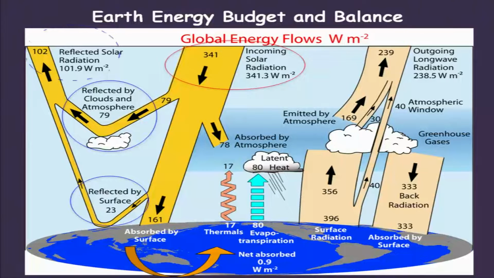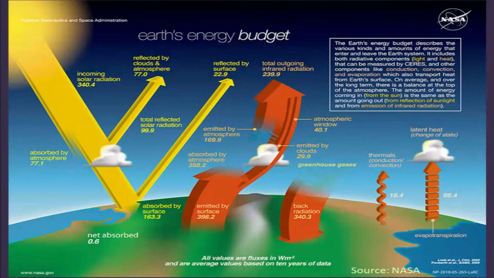So it takes away a total of 102. On the other part, 161 is absorbed by the surface, and along with the greenhouse effect, the total radiated back is 239. So if you add 239 and 102, which is re-radiated back to the atmosphere, it equals 340 or 341. This is another example similar to the previous one.